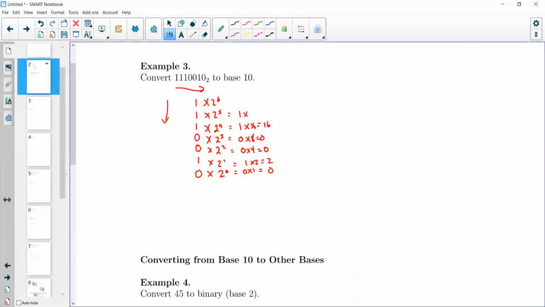This is 1 times 32, just 32. This is 1 times 64, 64. Add them all up, and what do we get? 114. And note, when we have a base 10 number, we don't have to put the base.